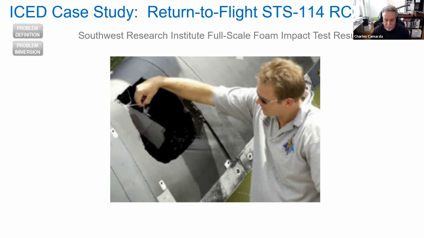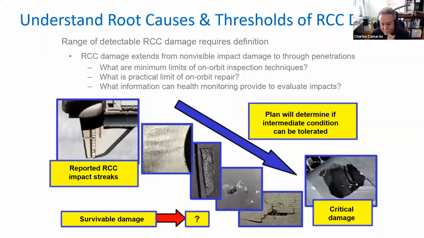And remember, this is a very intense area of heating on the vehicle, and it uses a very unique material that was designed to take temperatures over 3,000 degrees Fahrenheit. And this is called reinforced carbon carbon.